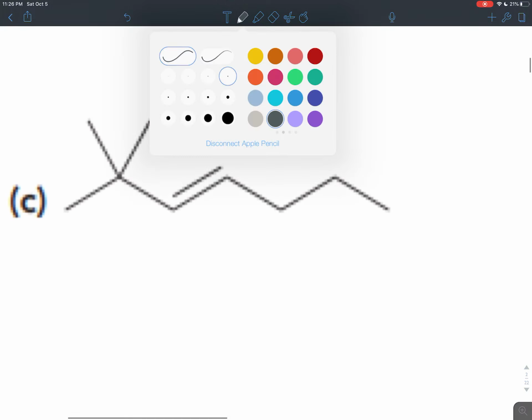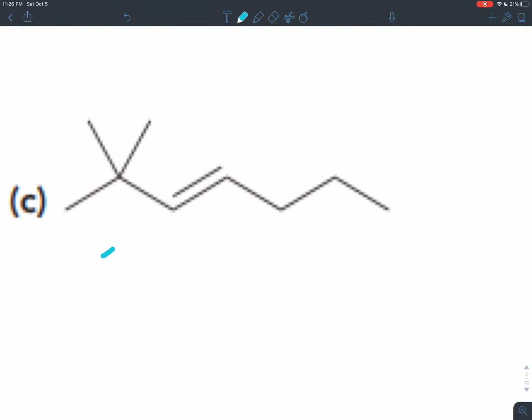So we go down to C. We'll follow our procedure, draw that dotted line down the long end of the double bond, and we're looking for something that's the same, that's attached to both of these two carbons in the double bond.